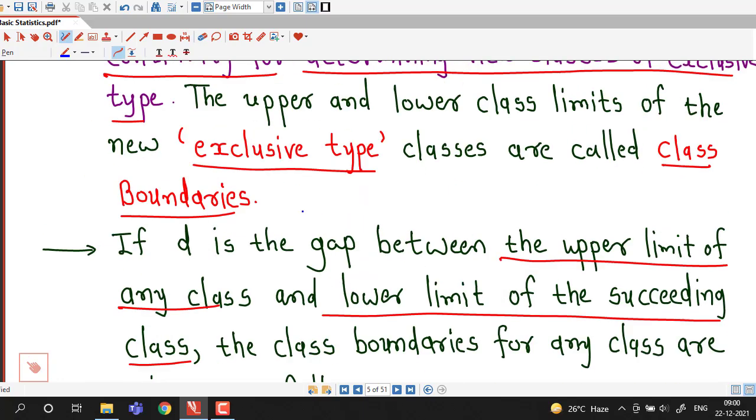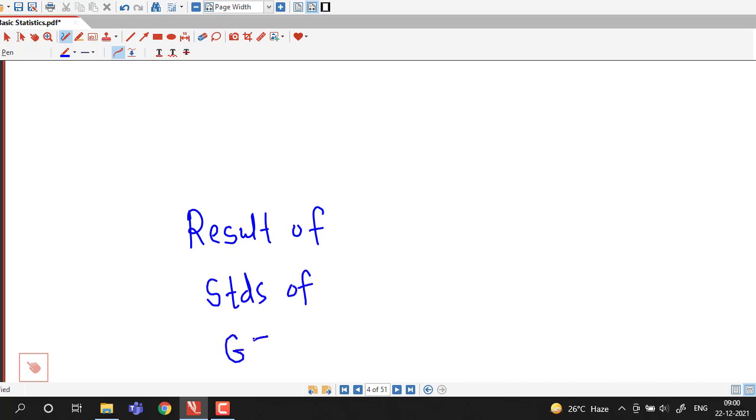For example, suppose we are interested in the study of the result of students of some college. Say, suppose we are interested in the result of students of GEC Modasa. So our project under study is the result of students of Government Engineering College Modasa.